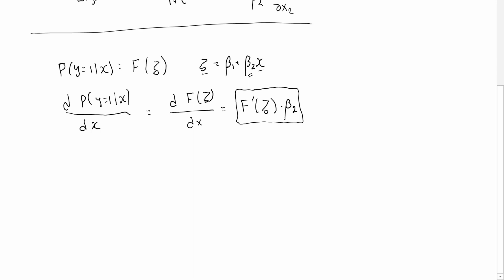You can probably quite easily see how this generalizes. If I have more explanatory variables, x2, x3, and x4 and so on, and I want to look at the marginal effect of one of the explanatory variables, then the whole thing will look the same. The only exception is that if I want to do it with respect to x3, then I'm going to get beta 3 instead. So we have the following results.